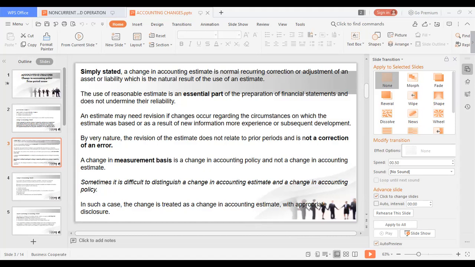So we have now retained earnings 2018 and the ending of 700,000. That becomes the beginning balance of 2019.